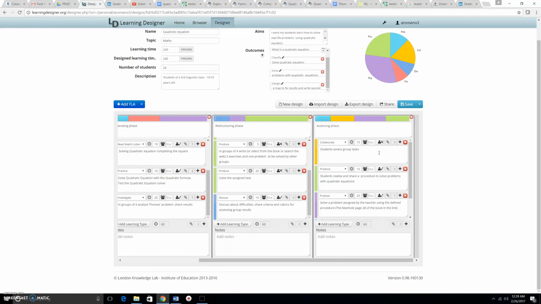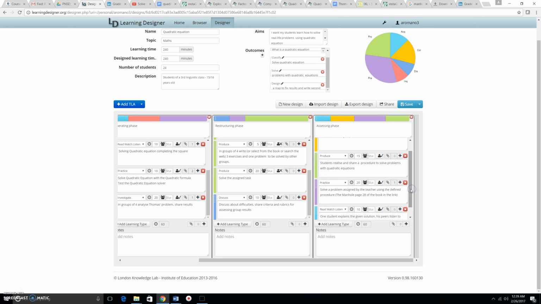So they discuss the results reached. After this, the students share a common procedure to solve a second-degree problem. So they have to fix the steps that are necessary to solve a real-life problem, and after that, the teacher gives them a real-life problem to solve.